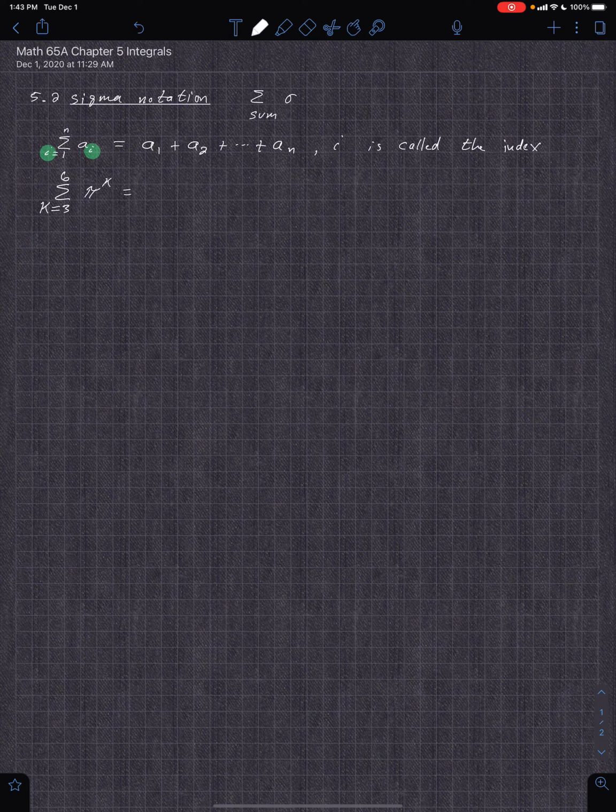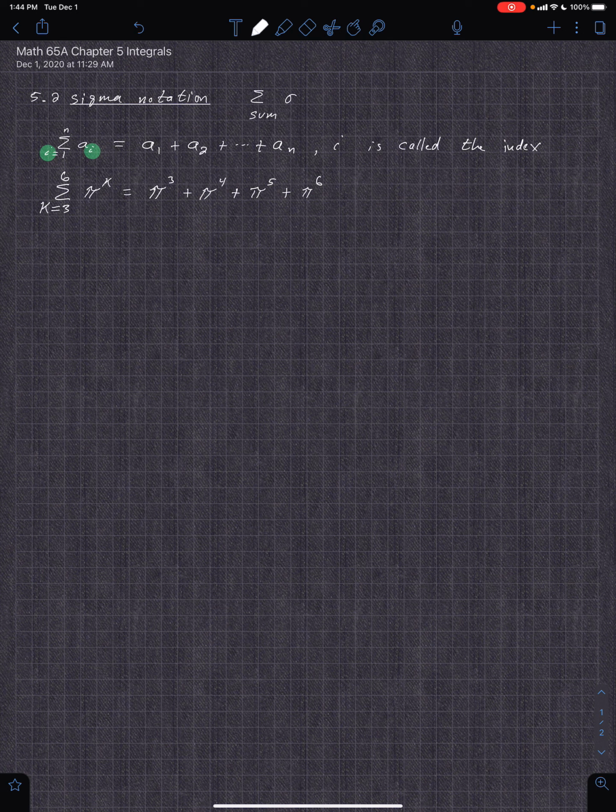So what that would mean is pi cubed plus pi to the 4th plus pi to the 5th plus pi to the 6th. And that's pretty much all you could do with that one, because that's an irrational number.